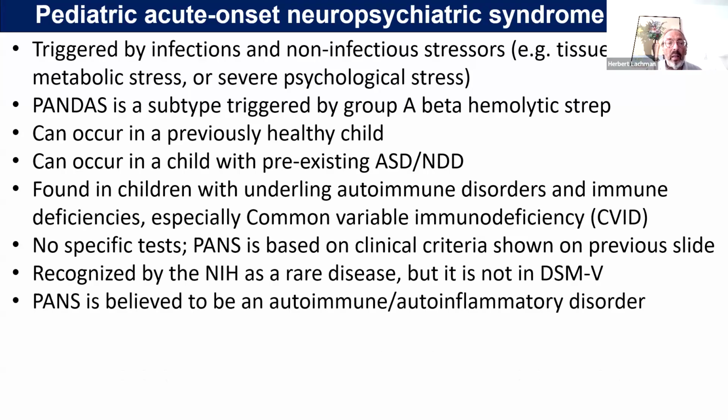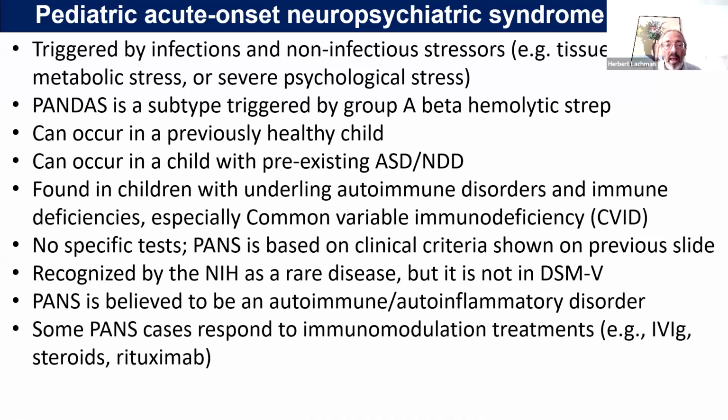But those of us in the field think that PANS is an autoimmune or autoinflammatory disorder. I don't have time to go into that distinction, but you can view them kind of under the same umbrella. And part of that belief is based, first of all, on the fact that it almost always comes after infections, and the fact that many kids with PANS respond to an inhibition of the immune system or some other type of immunomodulation, most notably IVIG, which is intravenous immunoglobulin.